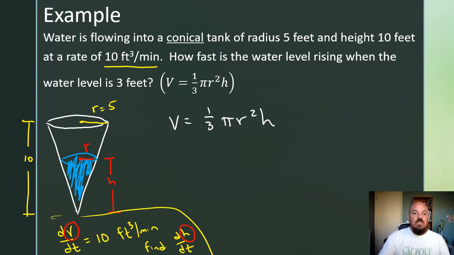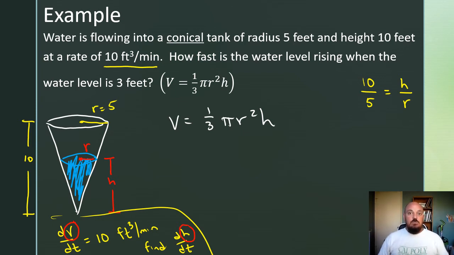Let's set up a ratio for the big cone. The height is 10 and the radius is 5. Now the ratio for the small cone, the height is h and the radius is r.